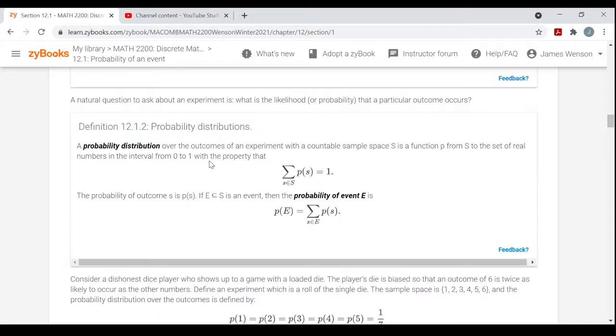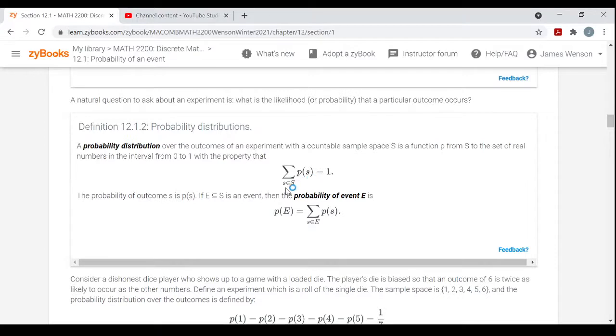And then every other probability is something between 0 and 1. Again, you can change that to a percentage if you want. If I say the probability of an event occurring is a half, that means there's a 50% chance that that event will occur.